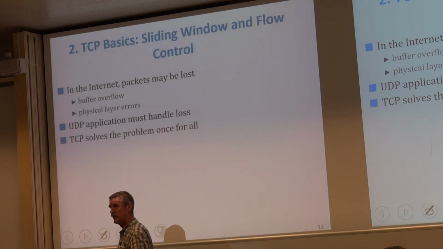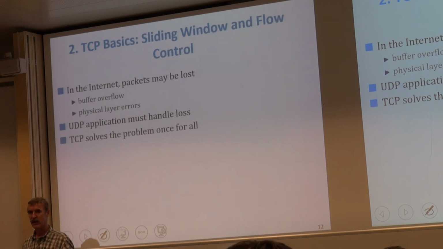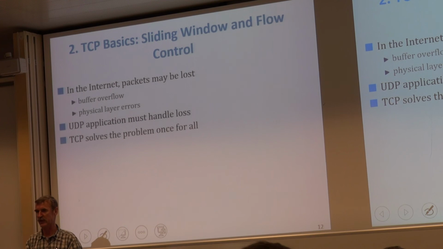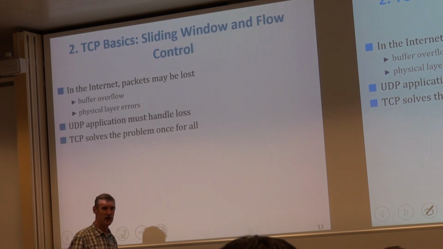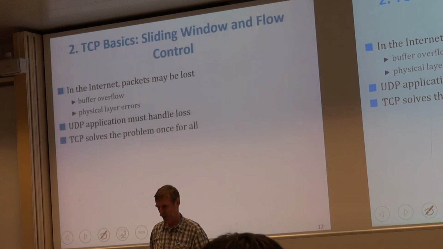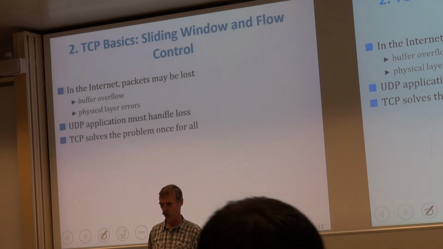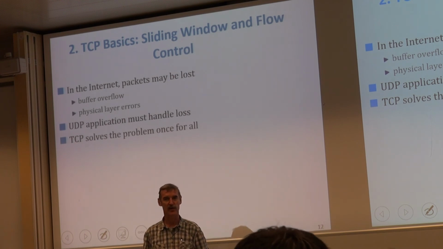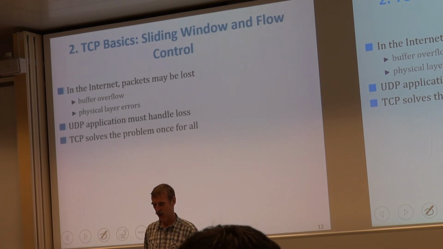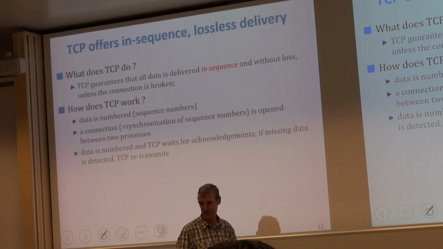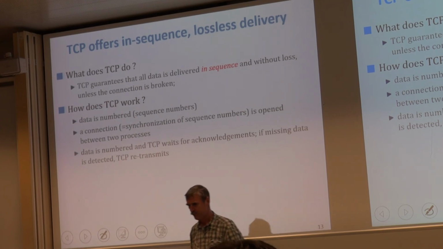But if that happens continuously because you have 100 data streams at 10 megabit per second to one output port at 10 megabit per second, then there will be losses. Sooner or later, the buffers will overflow. And as we will see when we discuss congestion control, we should not assume that buffers are infinitely large. It's not a good idea. So error loss may occur, and then TCP has to solve this.